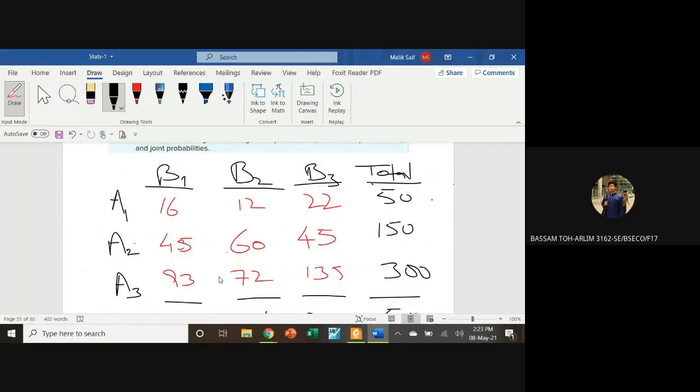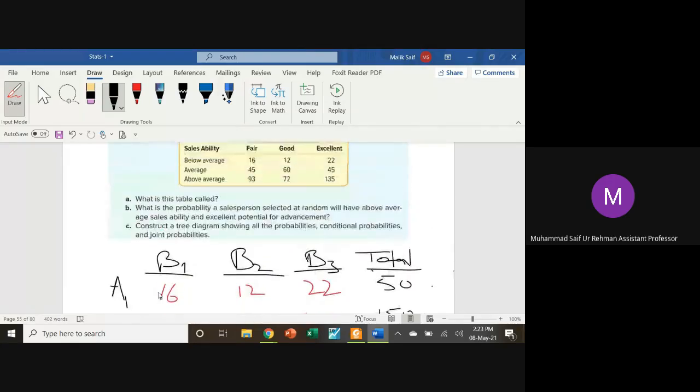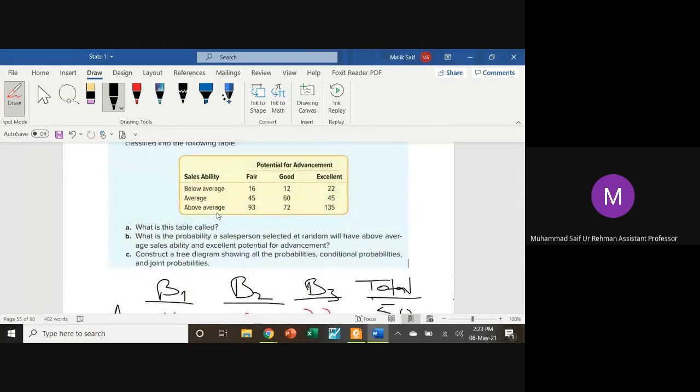Dependent. Why? Because at the same time, you could see A3: a person is there that is above average. He may have excellent potential for advancement. As he is above average, so he is excellent.